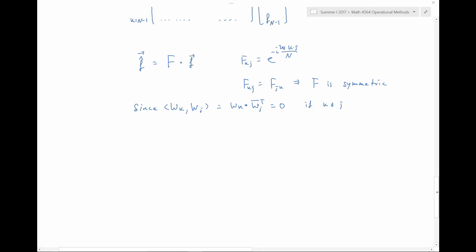Then it seems like if I take F and multiply it by F transpose, so all of the rows become now columns, and then I also complete the complex conjugate, then I will get the matrix with zeros everywhere but the main diagonal.